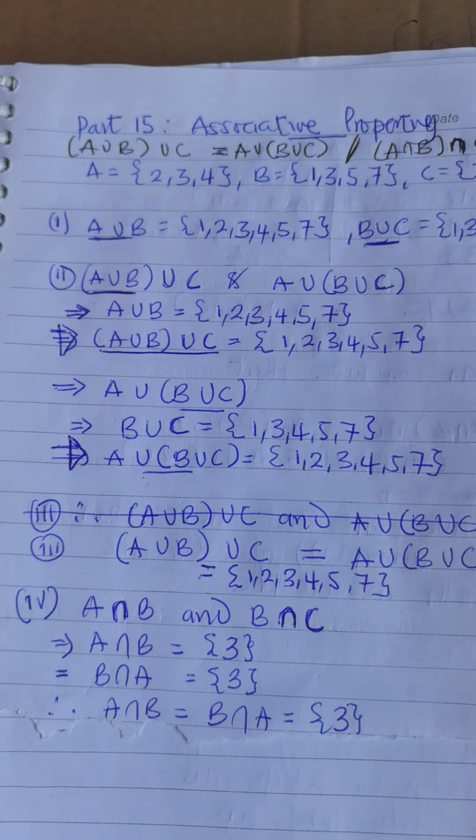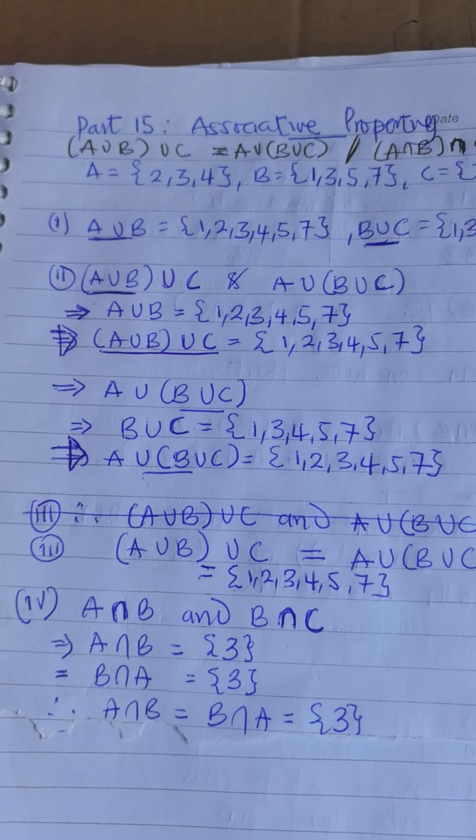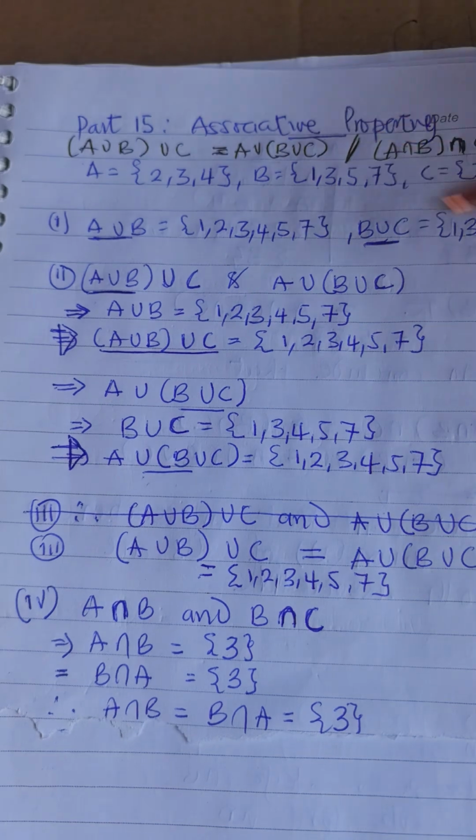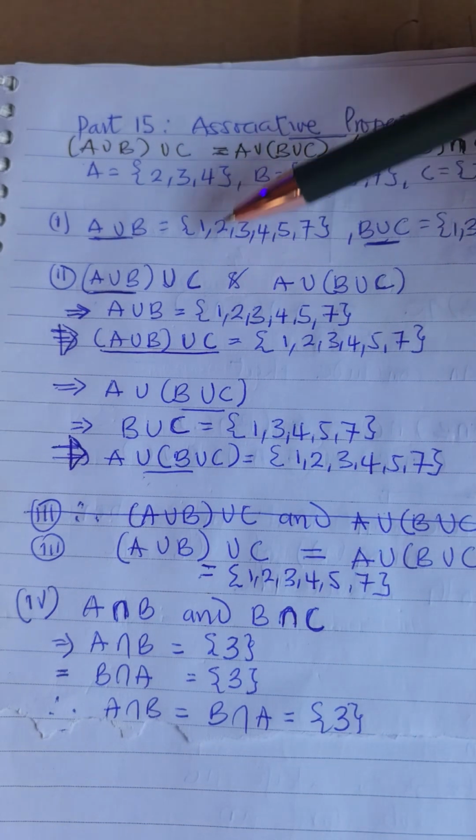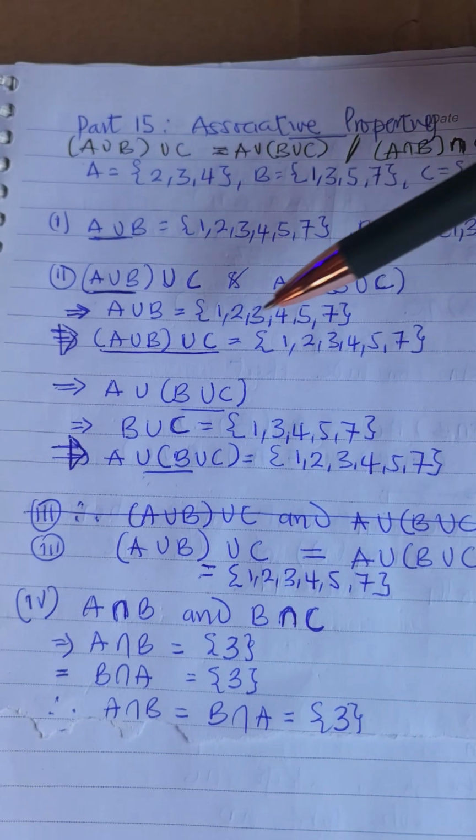Now, if you have been given A union B, and then union C, what are we going to do first? Let's do what is in the bracket first, then later we'll bring the union. So we already know the sets at the top here, so we are just combining them.